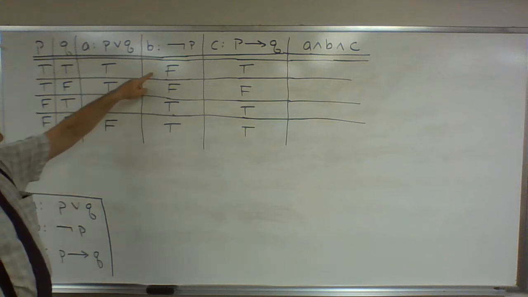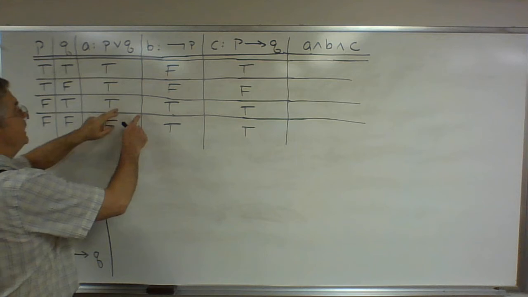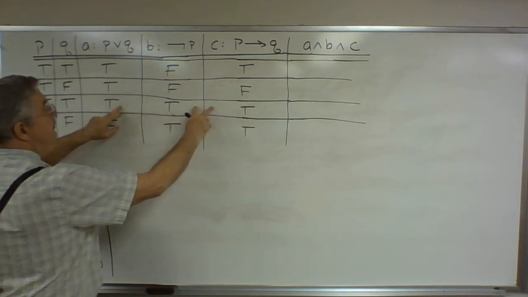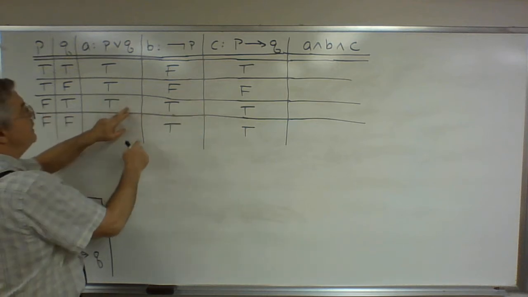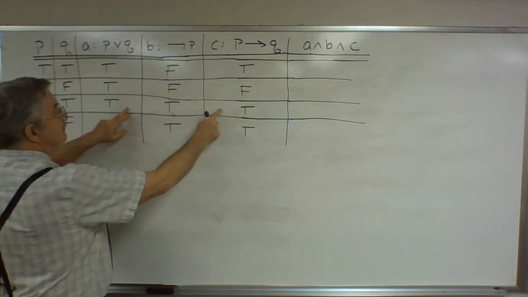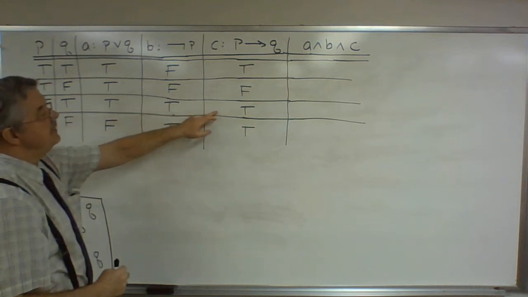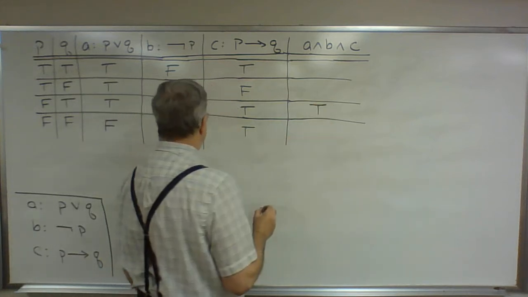B's false here, B's false here. Here we have true, true, true. So here, when P is false and Q is true, we have A true, B true, and C true. That gives us a big fat true right here.